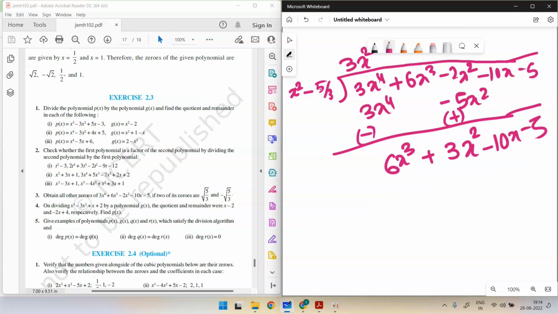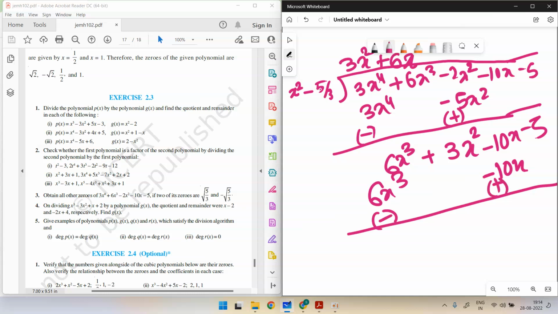Now for x square to 6x cube, multiply by 6x. So this is 6x cube. 6 into 5 by 3 is 10, so minus 10x. Subtract the two, and this can cancel. This can cancel. Another 3x square minus 5.